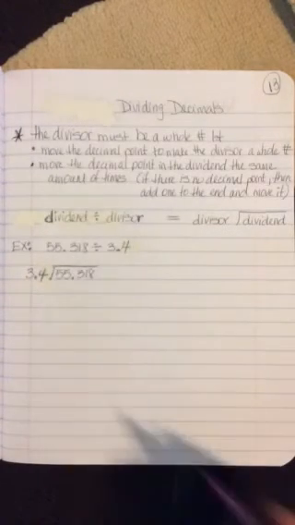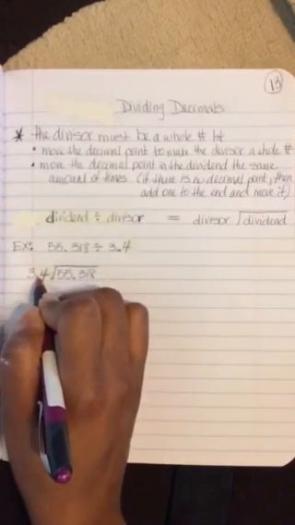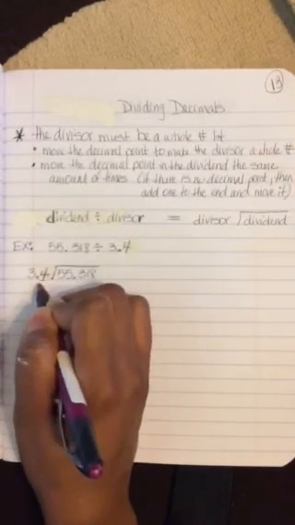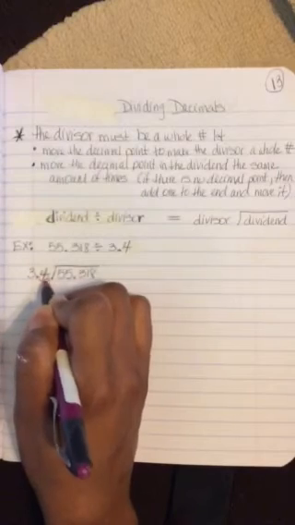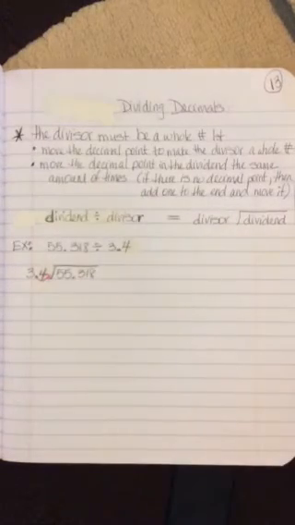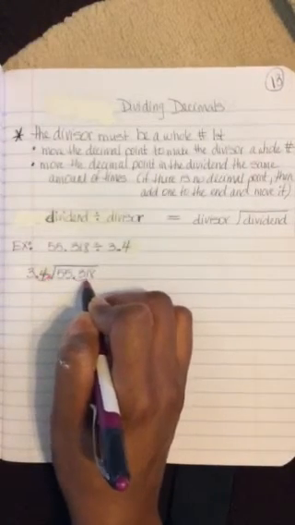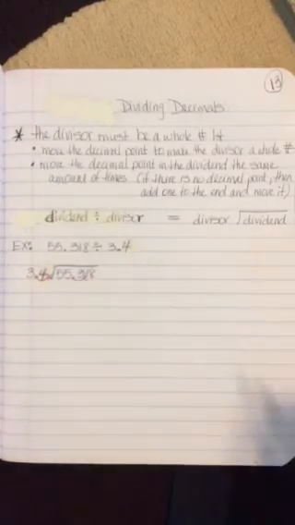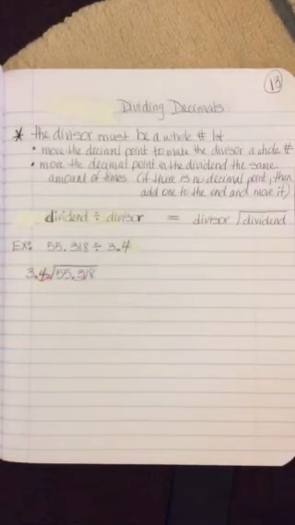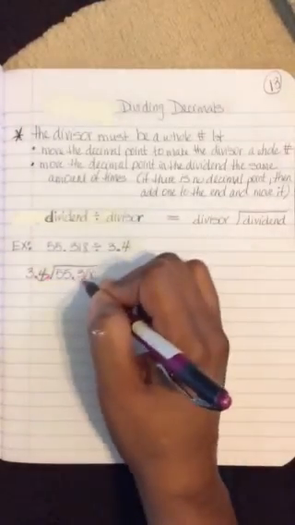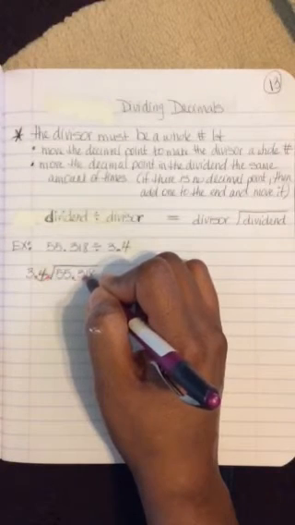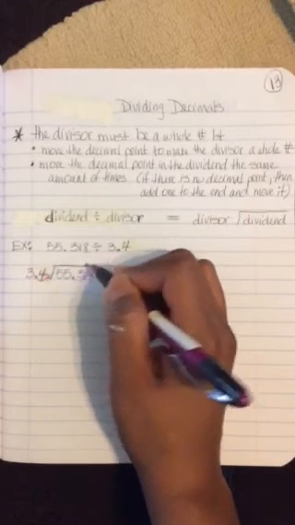And I'm going to do it in a different color so we can really see. So since we have 1 decimal place, I'm going to move this to the right 1 time. Whatever I do to the divisor, I have to do the same thing to the dividend. And don't forget, as soon as you move your decimal point in your dividend, bring it straight up.